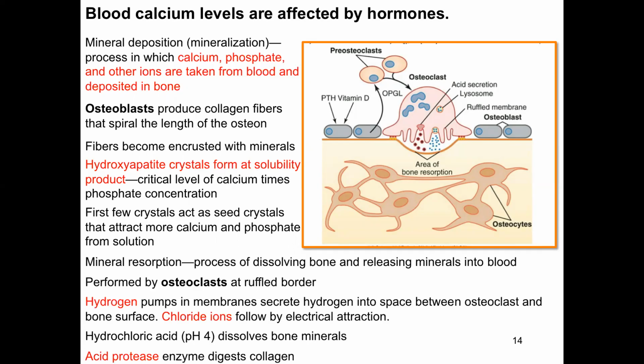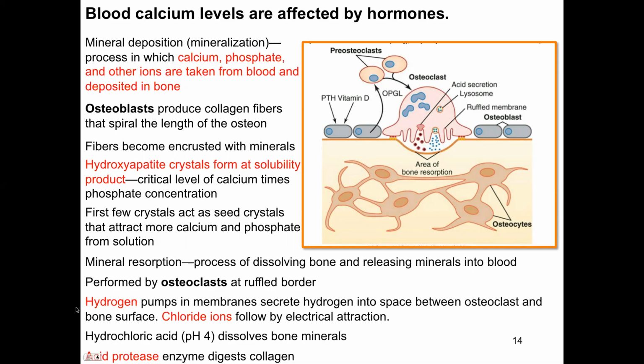Then let's keep going here. Mineral resorption, all right? Mineral resorption is the process of dissolving the bone and releasing those minerals back to the blood if you need them. That's performed by the osteoclasts at this little ruffled border. In this picture, you can see these little pluses. What this means is that you're going to release hydrogen.